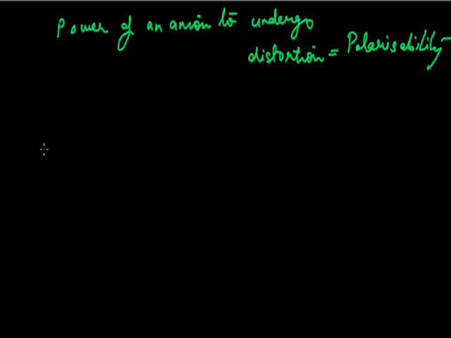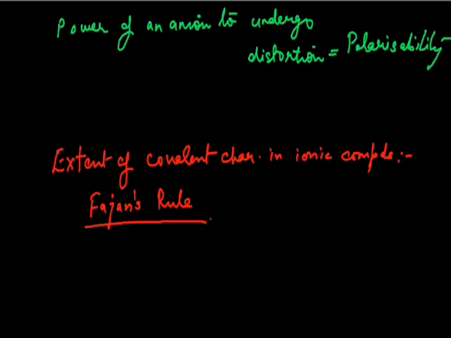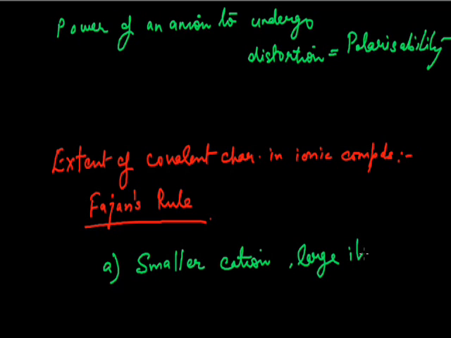The extent of covalent character in ionic compounds is governed by a rule called Fajan's rule, according to which, smaller the cation, larger will be its polarizing power.